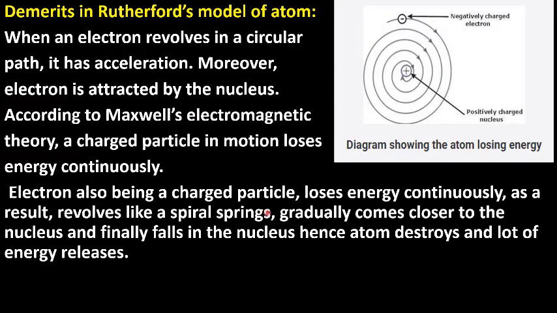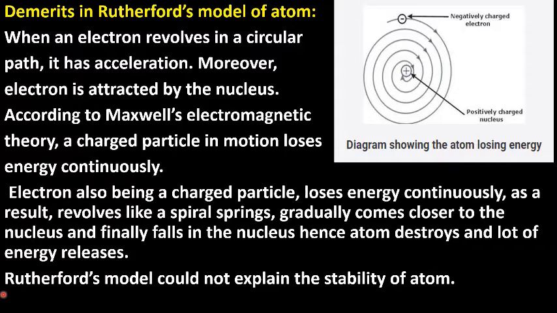Electron, also being a charged particle, loses energy continuously. As a result, it revolves like a spiral spring, gradually comes closer to the nucleus, and finally falls into the nucleus. Hence, atom destroys and a lot of energy releases. Rutherford's model thus could not explain the stability of atom.